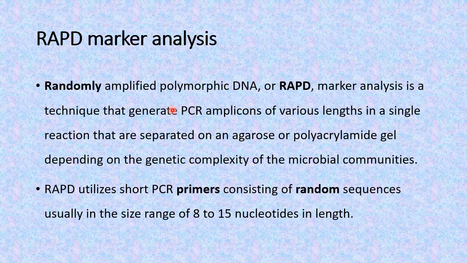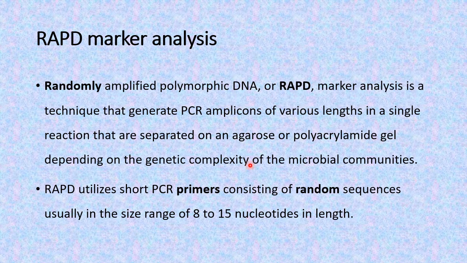These random primers may vary in length from 8 to 15 nucleotides, but for a particular reaction we use a single type of random primer. And when amplification takes place using these primers, we get different lengths of fragments from the same genome.